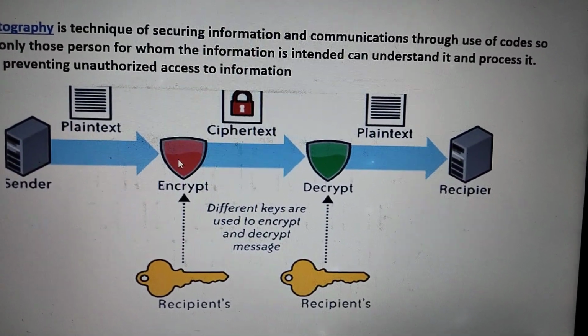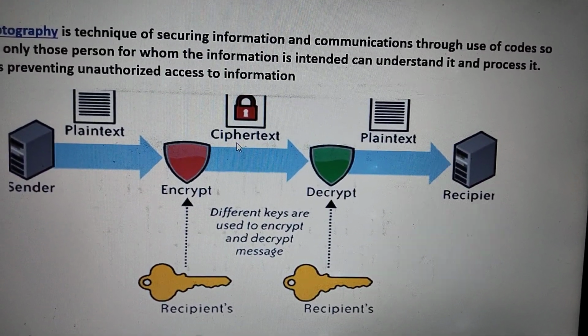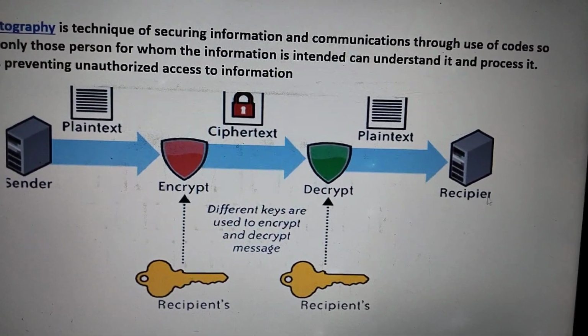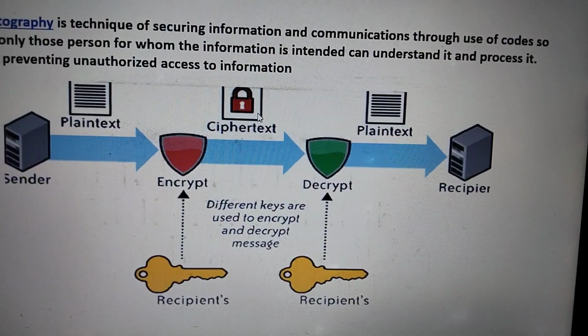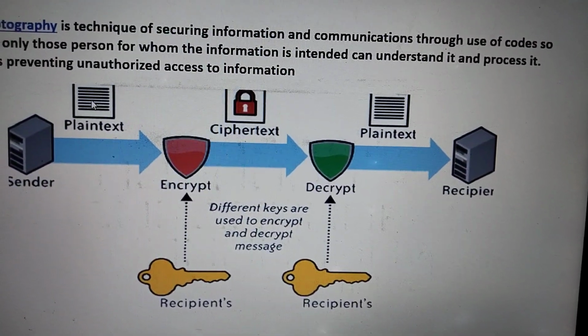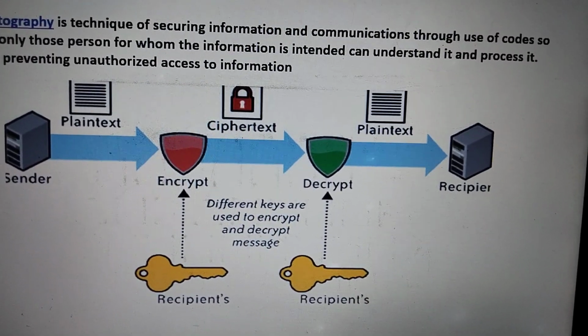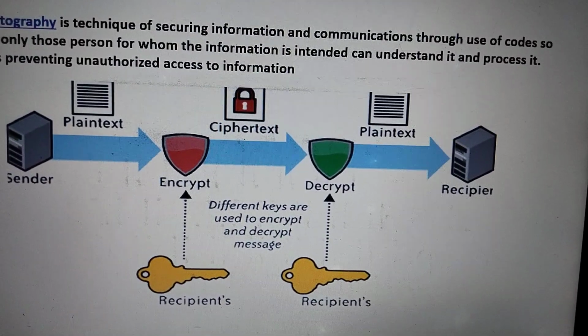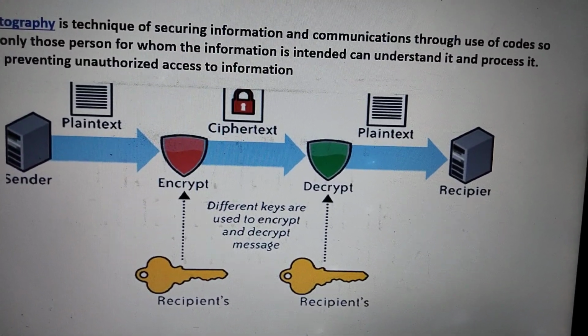Encryption is where the plain text is converted into ciphertext, and decryption is done by the receiver, who converts the ciphertext back into normal plain text. As I already explained, plain text is normal language like English, so anybody can read and understand it.